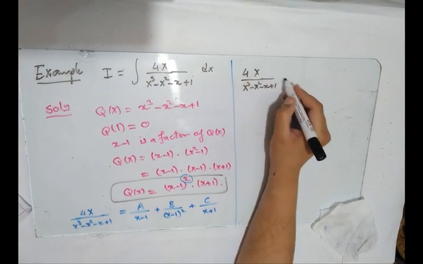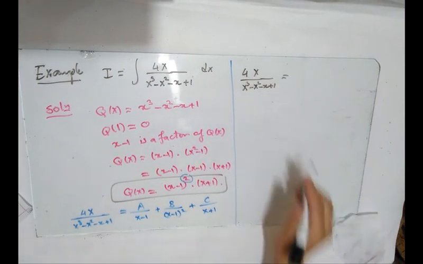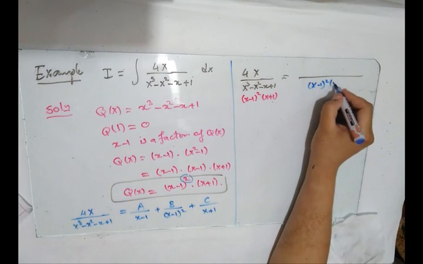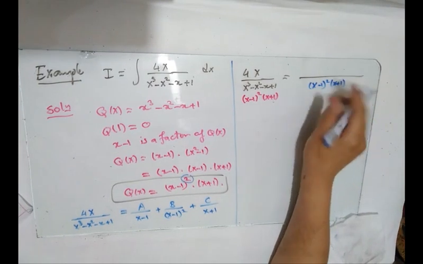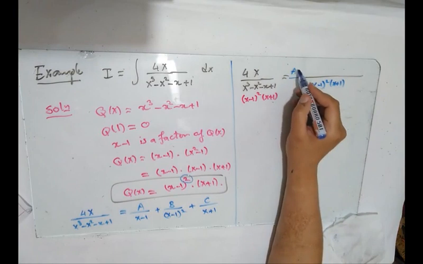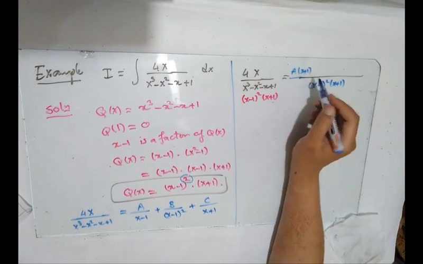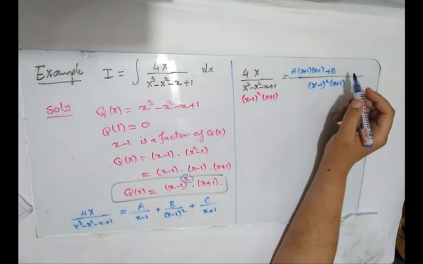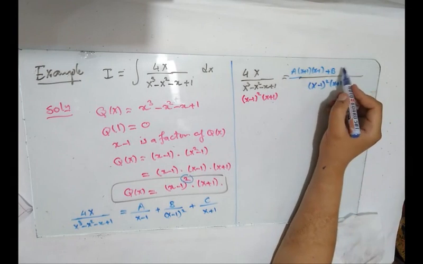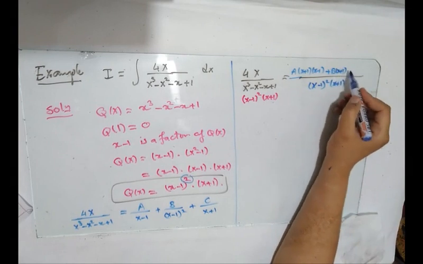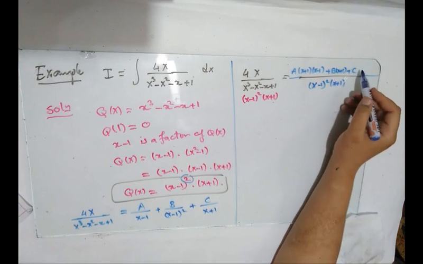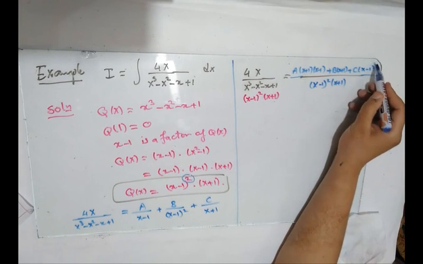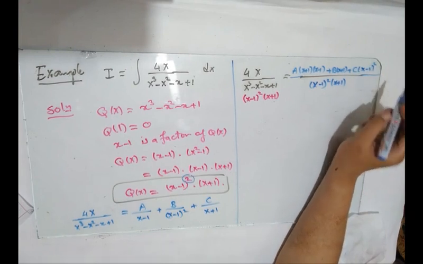Actually this equation can be written as 4x over x cubed minus x squared minus x plus 1, and on the right hand side we'll make a common denominator. So here you will have (x minus 1) squared times (x plus 1). And then you will have a times (x plus 1) times (x minus 1) plus b times (x plus 1) plus c times (x minus 1) squared.